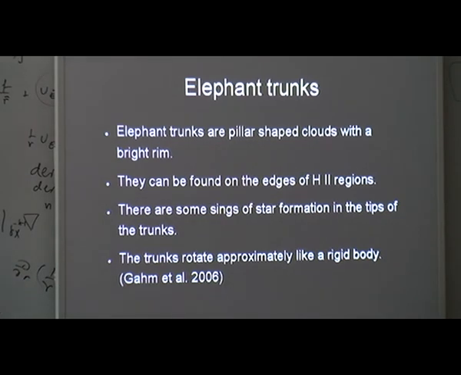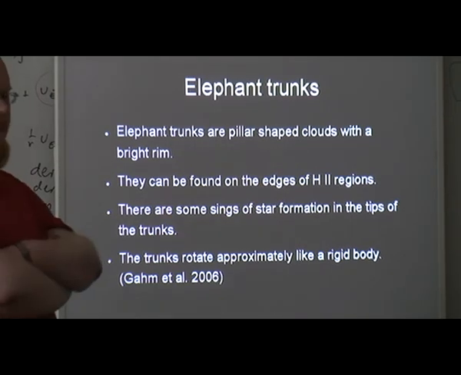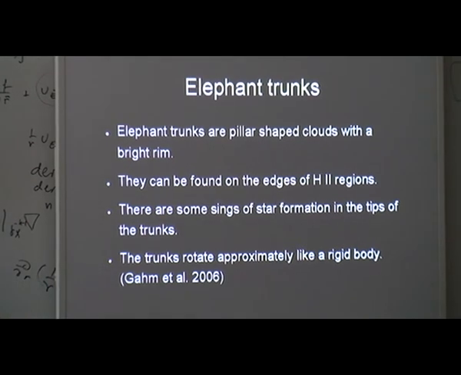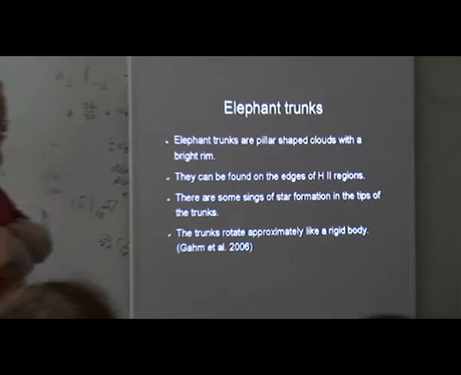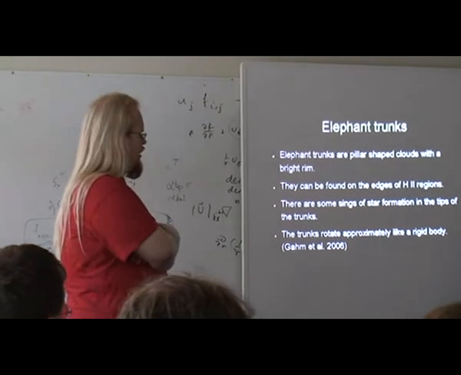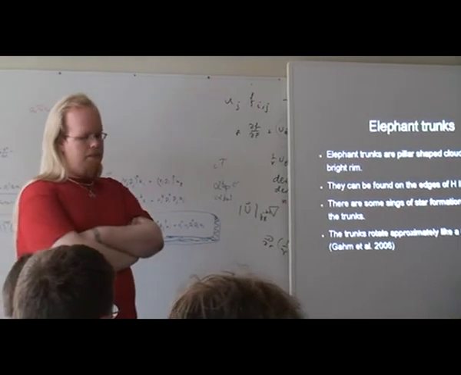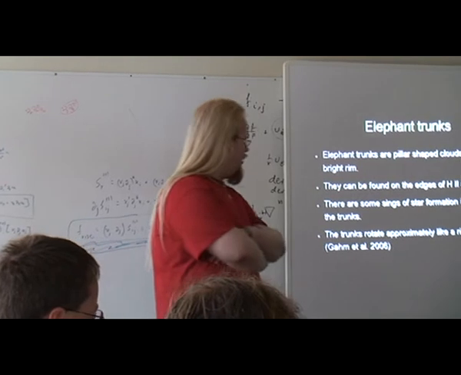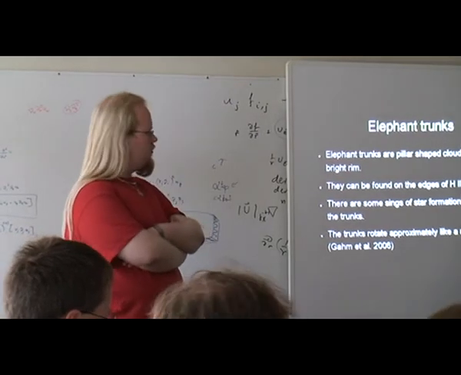There are places where many stars are formed. Quite a lot of research has been done about the Eagle Nebula, and mostly the star formation is happening at the tips of these trunks or pillars, or whatever you want to call them.